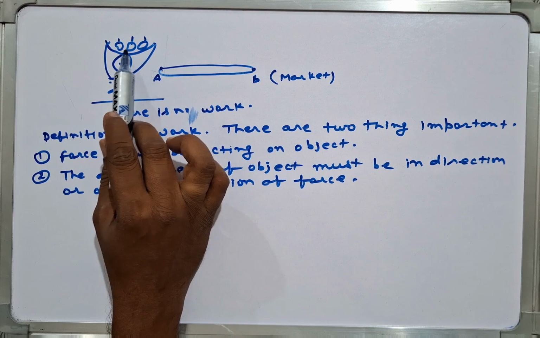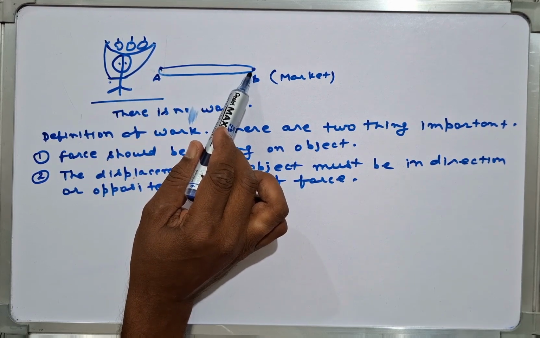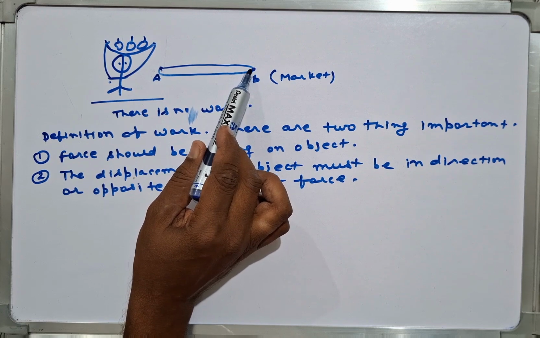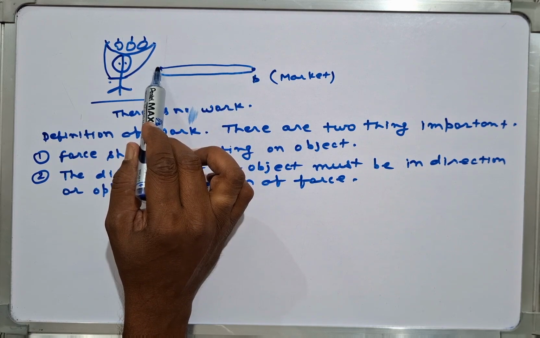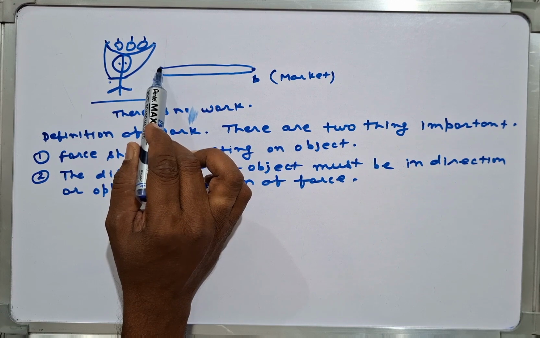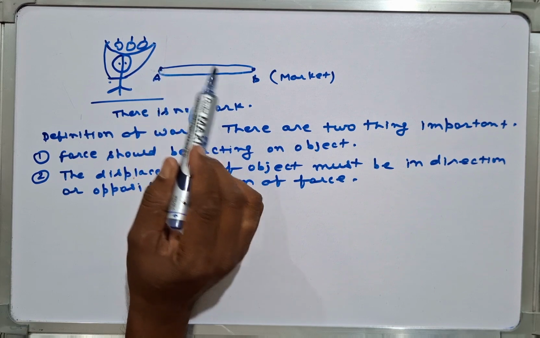Okay, so see guys, the person is moving from here to here with a basket of fruit on his head. Now suppose he sells something and again returns back to this position. So what happened, guys, the net displacement here is 0.